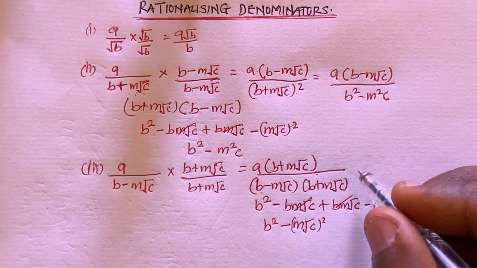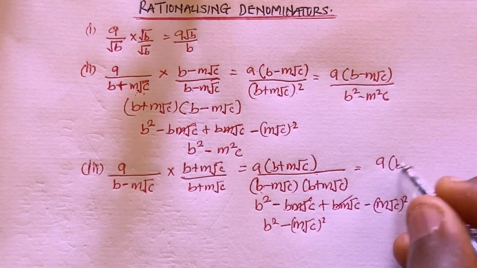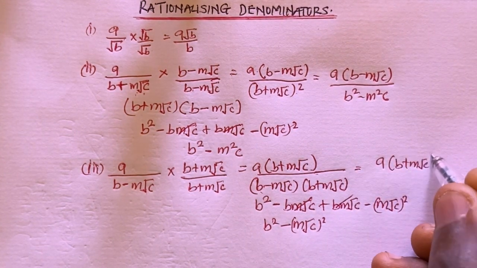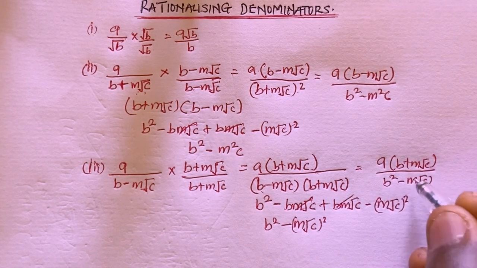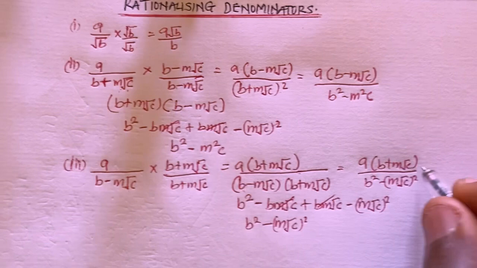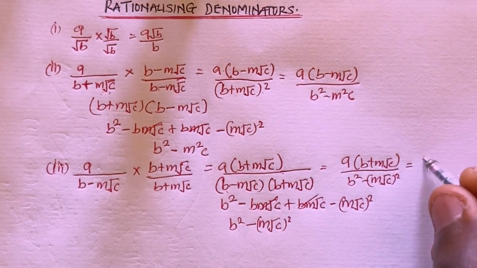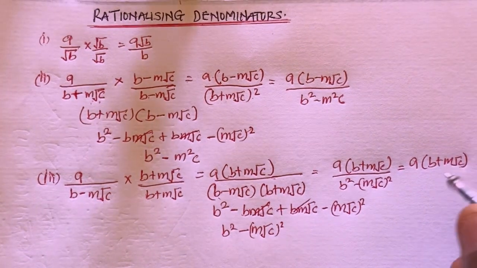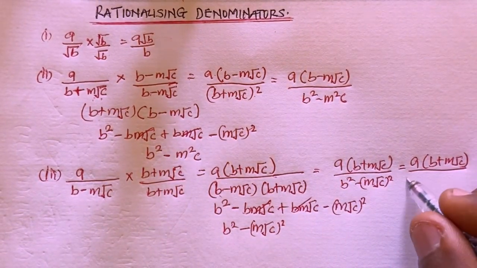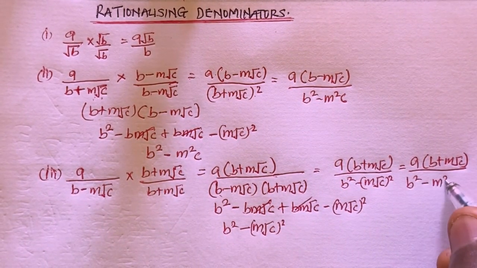So you can come back and have a into brackets b plus m root c, divided by b squared minus m root c all squared, which you can further simplify to a into brackets b plus m root c, divided by b squared minus m squared c.